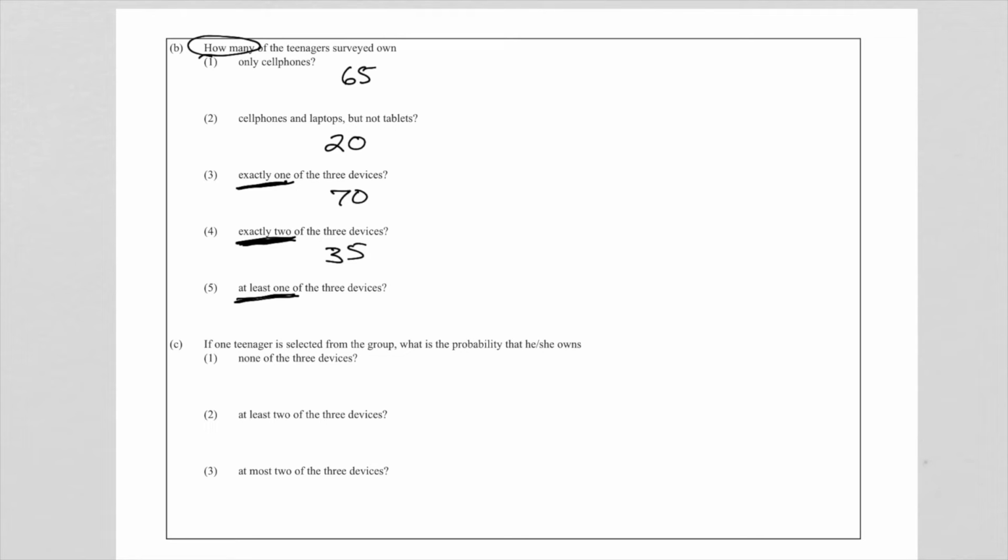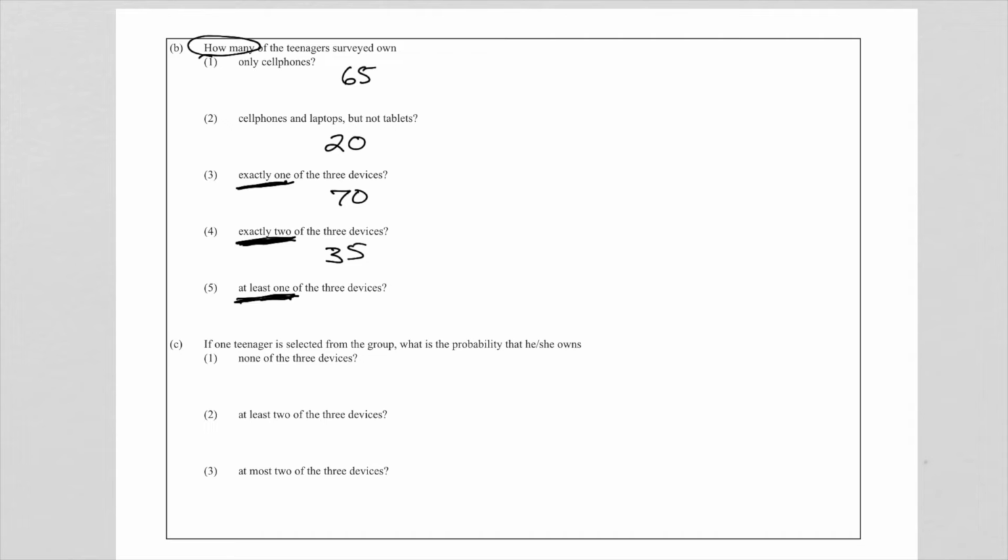When they say at least one, what do they include and what do they exclude? At least one means it's a minimum. We want from those people who own 1 device, those who own 2 devices, and those who own 3 devices. That means at least 1. So it can be more, but it must be at least 1.